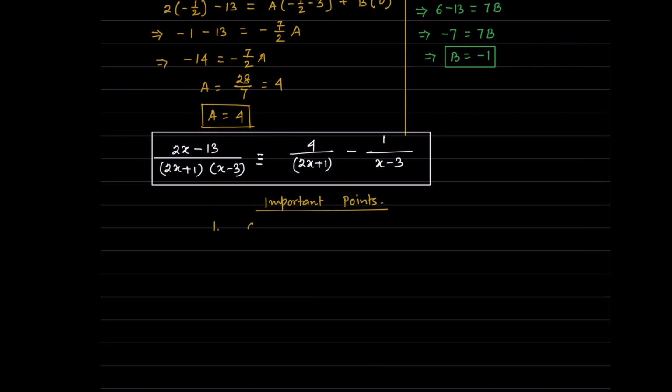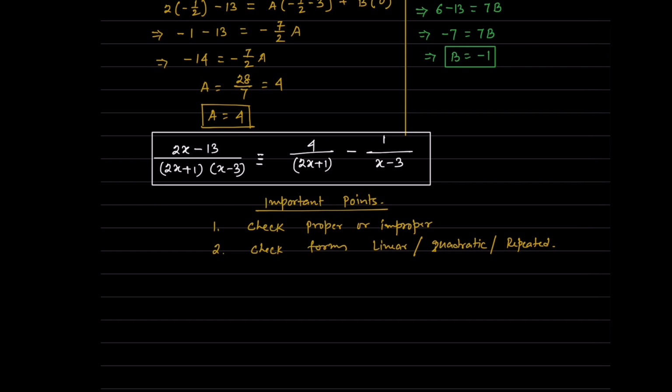Number 1, check proper or improper before you start your calculation. Number 2, check forms, whether it is linear or quadratic or repeated.